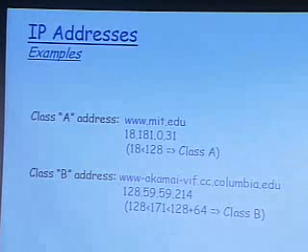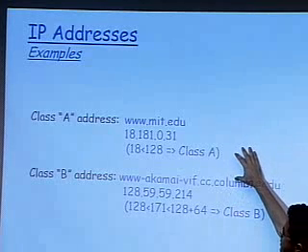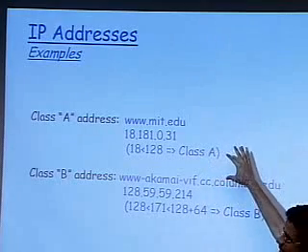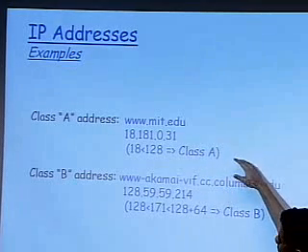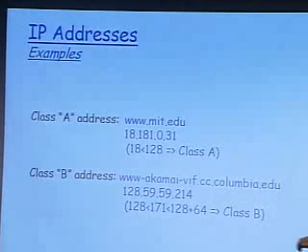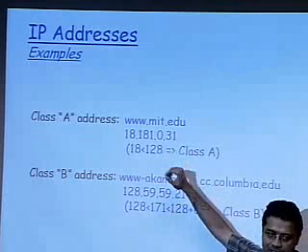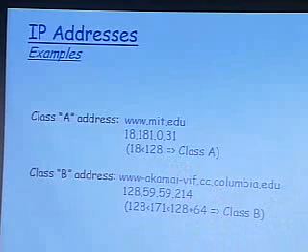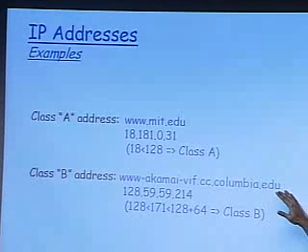So MIT was originally assigned a class A network. So if you look at the IP addresses of machines on the MIT network, you'll see they're of the form 18 dot blah blah blah. Similarly, I think Stanford is 12 dot something something. Columbia was assigned a class B address.